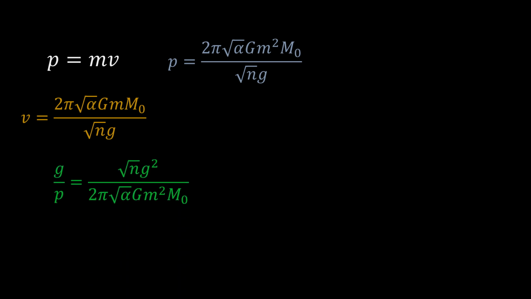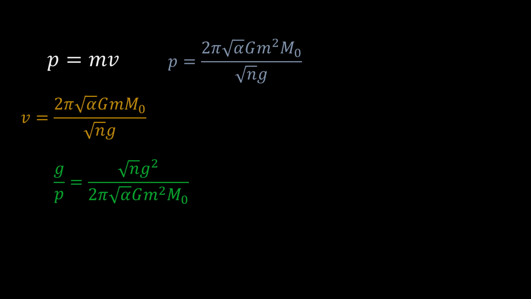Linear momentum is defined as mass times linear velocity. The linear velocity of a planet is given by the following equation. Subbing this in here produces this. This also shows that linear momentum is quantized. The ratio of the analogous Planck's constant to the linear momentum yields the following expression.